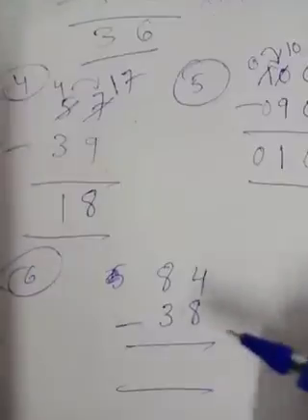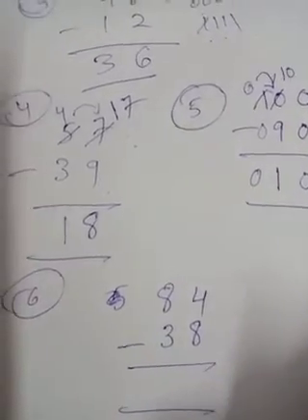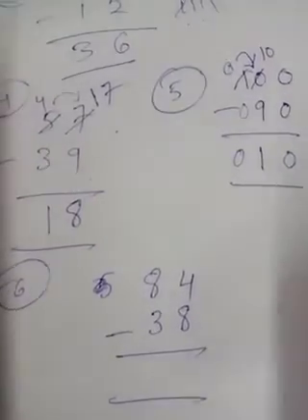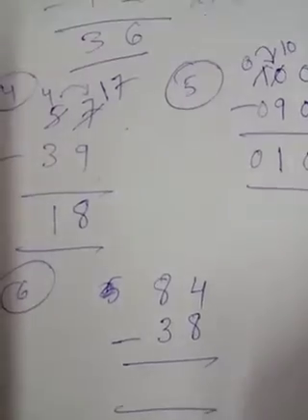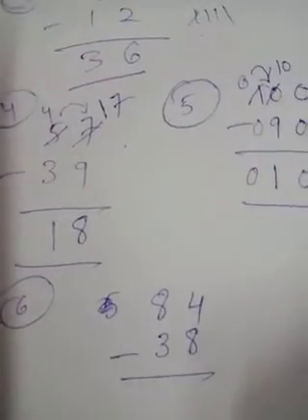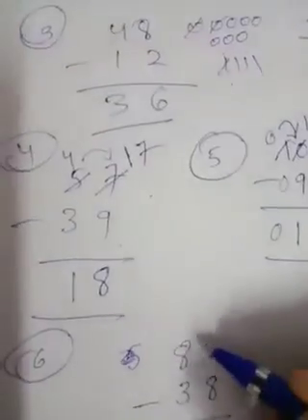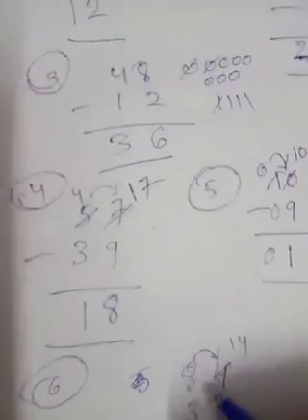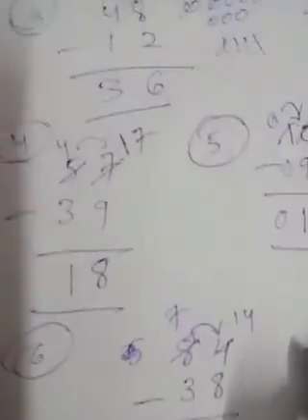Some members are doing 8 minus 4, 4, and writing that. Don't write like that. If the top number is big and the bottom number is small, subtraction is possible. Otherwise subtraction is directly not possible. So we are taking borrowing. 4 becomes 14, 8 becomes 7. So 14 minus 8.